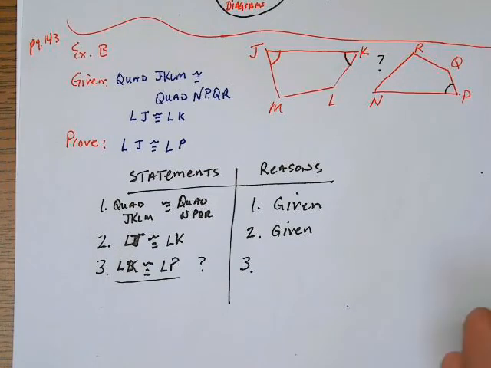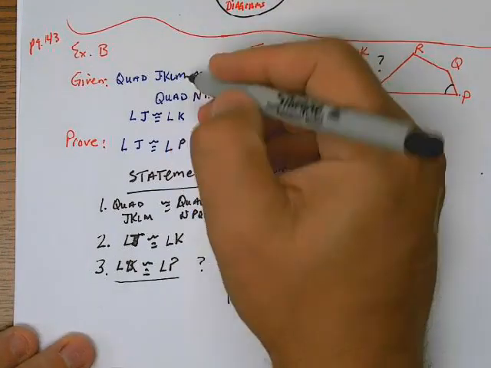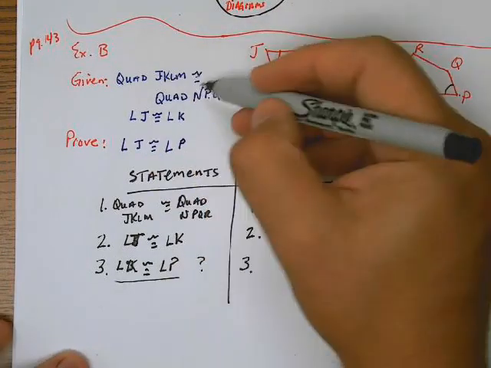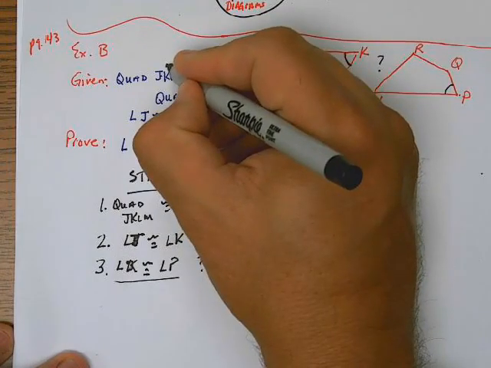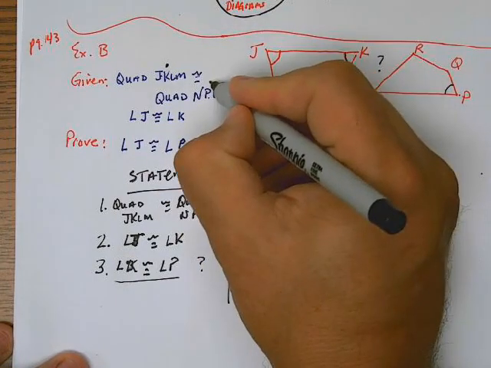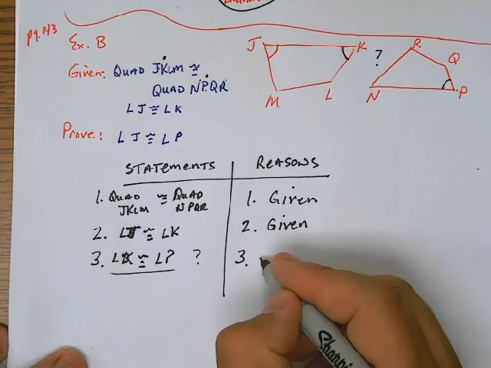That's right. We just talked about it. We put it in our notes. They're corresponding parts of congruent figures. Now look at this. See my congruent statement? Where's K at? There. Where's P at? Are they in the same position? Yeah. So my reason, I'm just going to write it out.